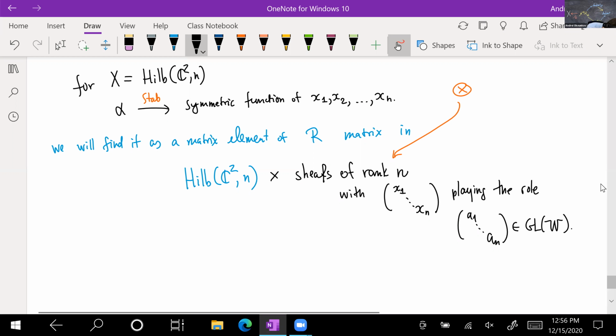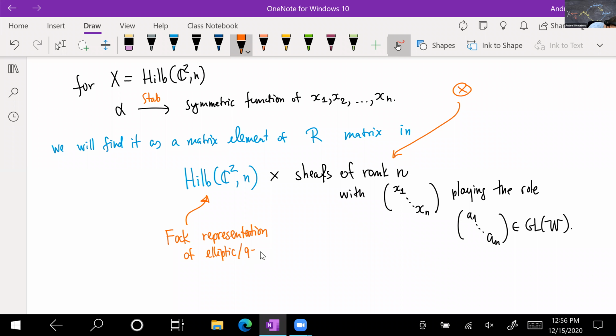So this is like saying this is a Fock representation, the Fock space, Fock representation of R elliptic or q or whatever quantum group.